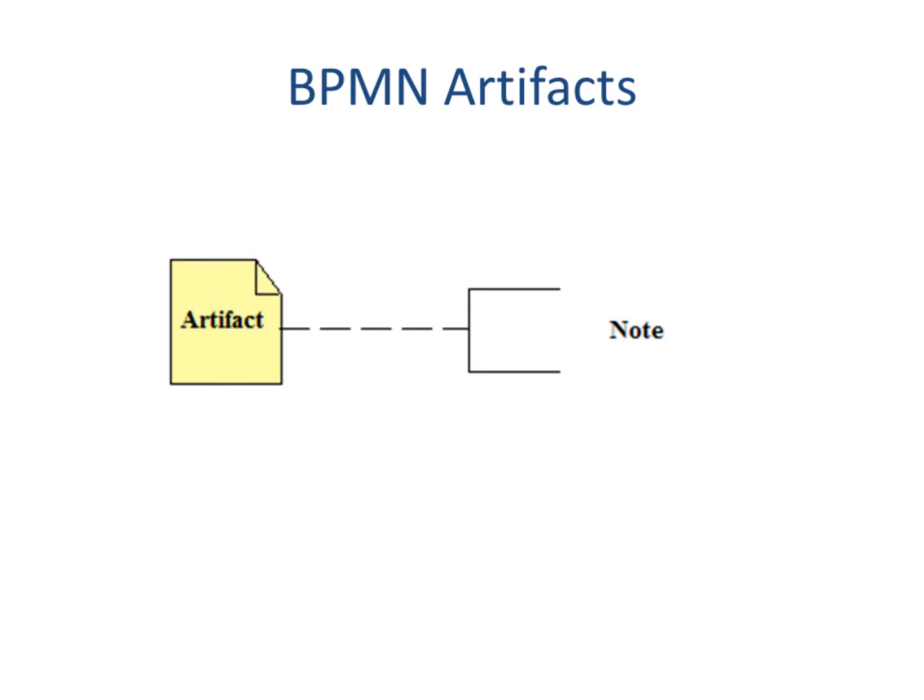An annotation, referred to and implemented as a note symbol in the Visible Analyst, is a text annotation used as a mechanism for the modeler to provide additional information for the reader of a BPMN diagram.